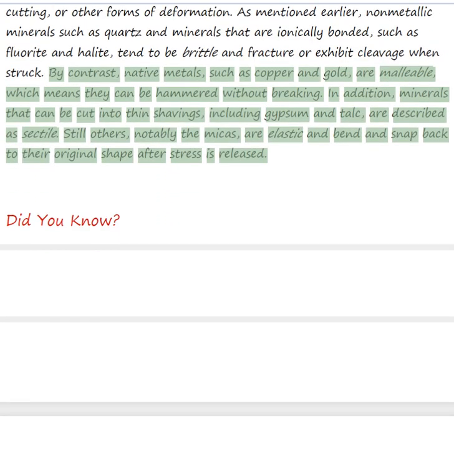By contrast, native metals, such as copper and gold, are malleable, which means they can be hammered without breaking. In addition, minerals that can be cut into thin shavings, including gypsum and talc, are described as sectile. Still others, notably the micas, are elastic and bend and snap back to their original shape after stress is released.